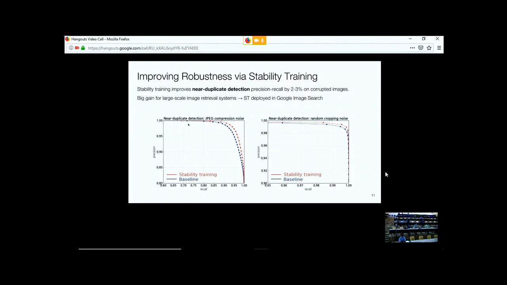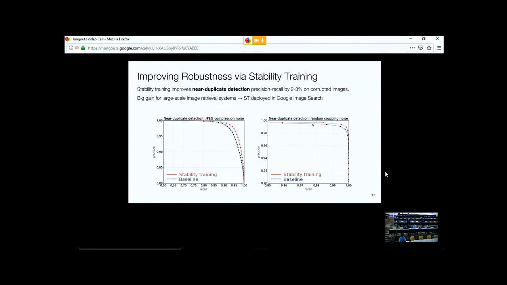The baseline here in blue was basically the state-of-the-art Google neural network that Google used back in 2016. If we add this very simple stability training loss and training procedure on top, we get a very clean 2 to 3% improvement in area under the curve on this precision recall graph.